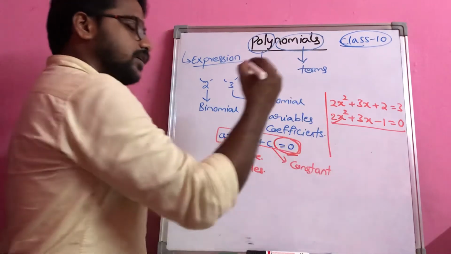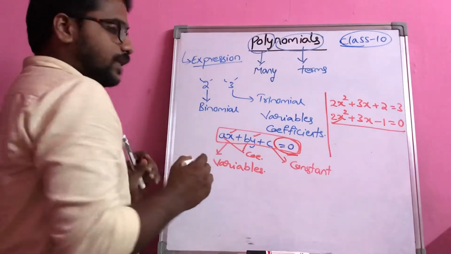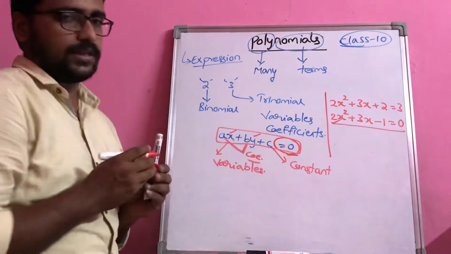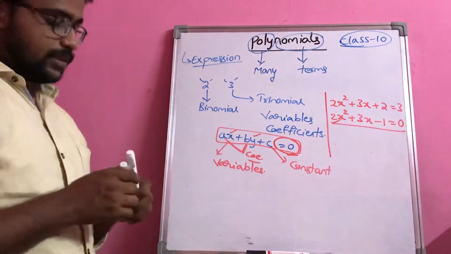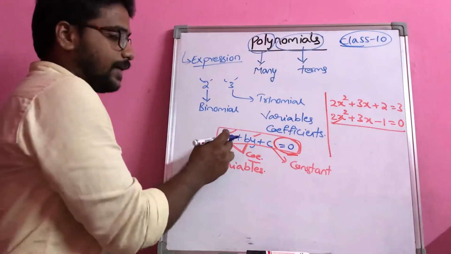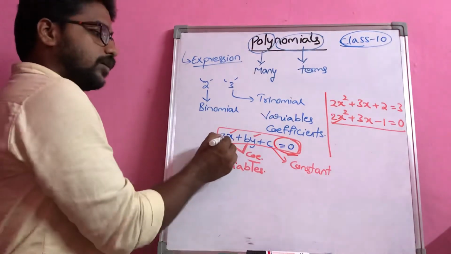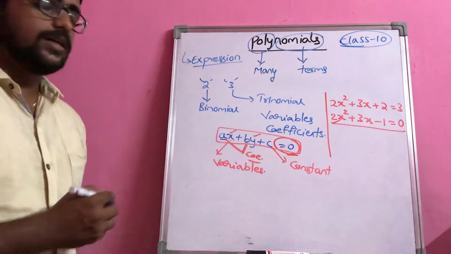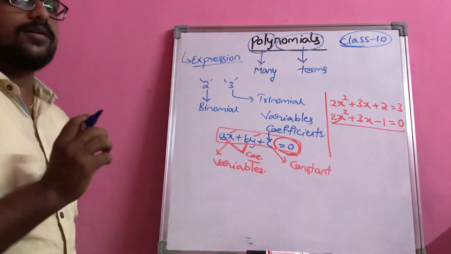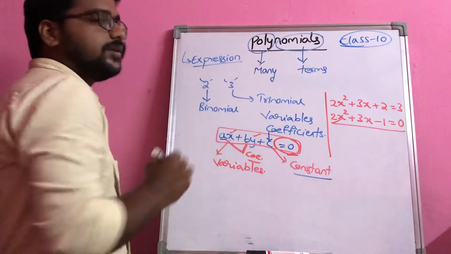Though a, b, c are all numbers, we still call a and b coefficients but c a constant. The reason is that a is associated with the variable x and b is associated with the variable y. That is why a and b are called coefficients, whereas the c term is not associated with any variable. That is why c is called a constant.